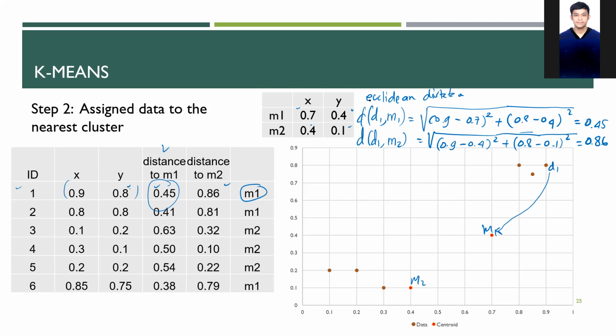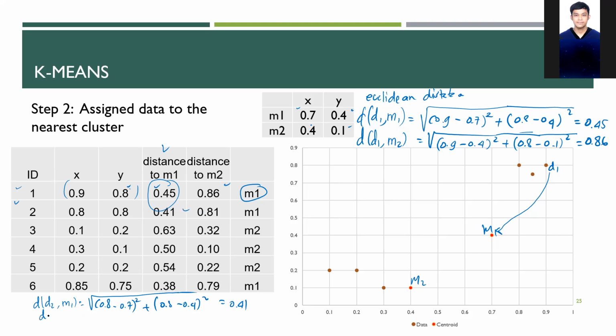Okay, and data 2. For data 2, we also do the same thing. We calculate the distance between data 2 and centroid 1 using, for example, Euclidean distance. So this will be 0.8 minus 0.7 squared plus 0.8 minus 0.4 squared. The result will be 0.41.